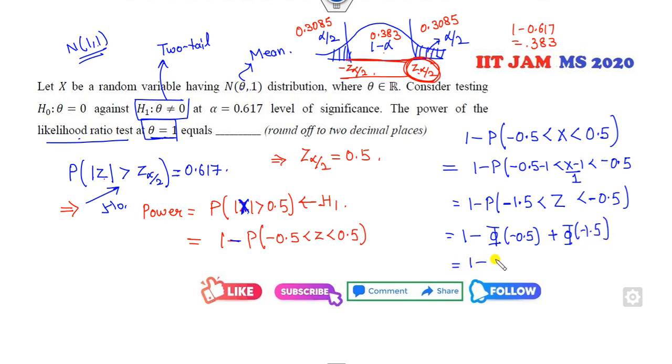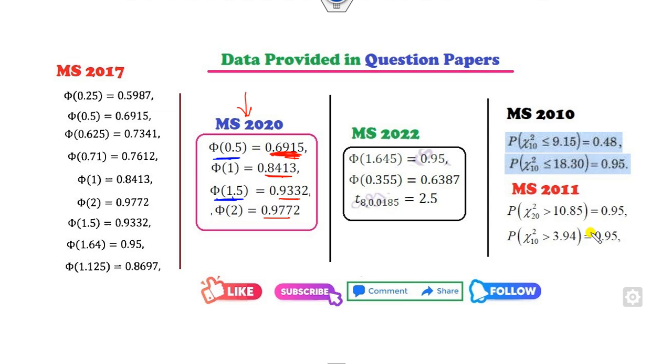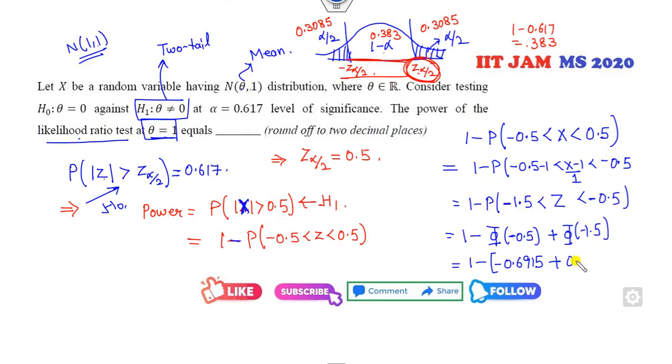So what is the answer of this? What is the phi of minus 1.5? The number is here. So I can say this number is plus 0.9332. Fine. Now you can solve this. You will get this as the right answer.